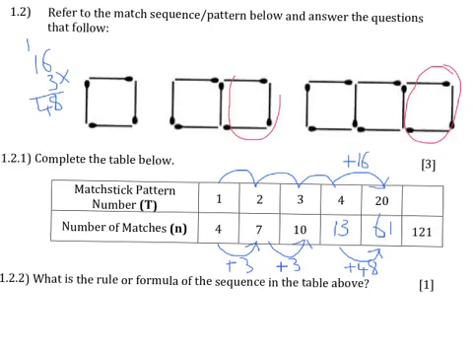Working backwards, I'm going to take the 121, and I know that the first pattern is 4, so I'm going to subtract 4 from 121, which gives me 117. And I know from there, 117 should be divisible by 3, because it's going in multiples of 3 each time from your starting point of 4.